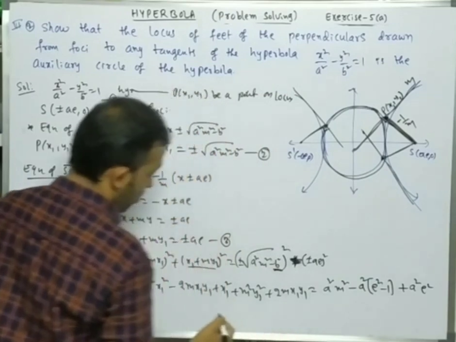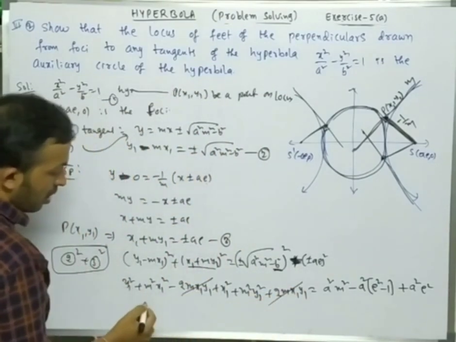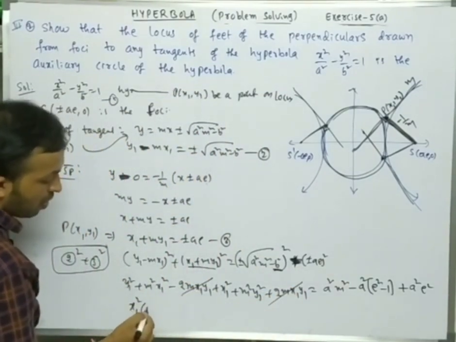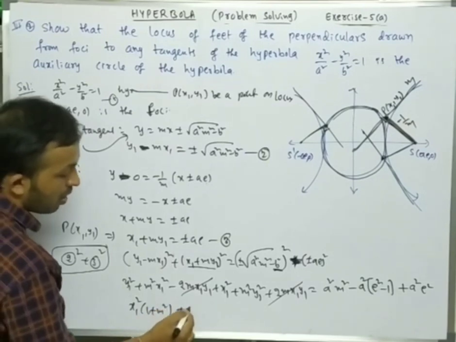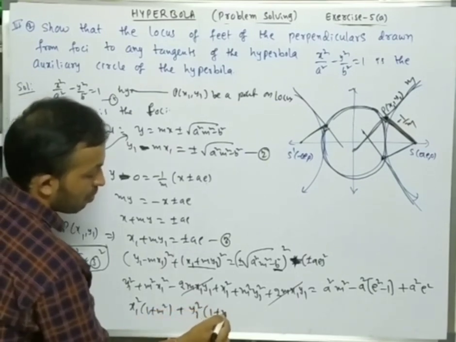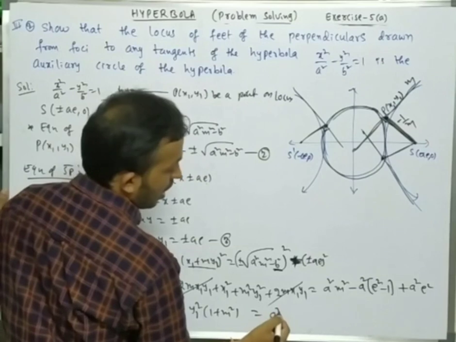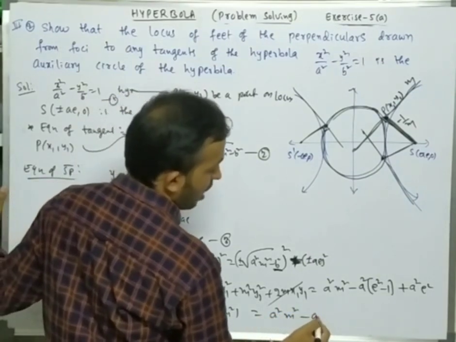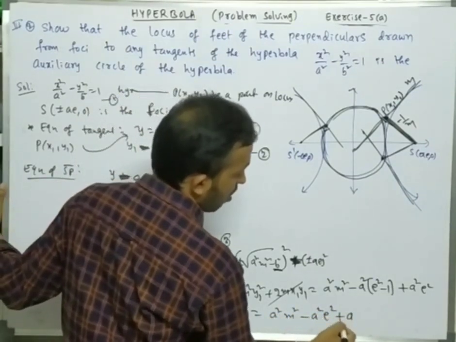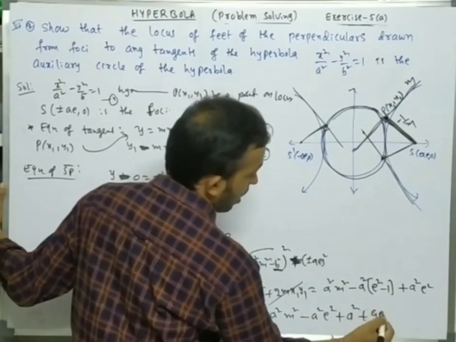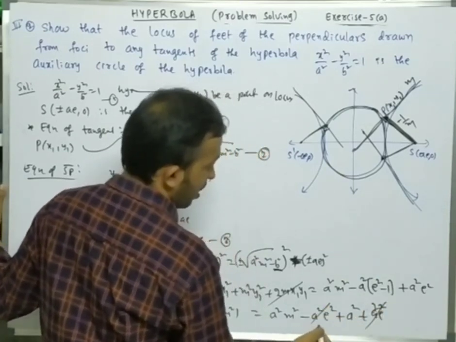Okay, so these two get cancelled. Here x1 square common, what is remaining? 1 plus m square. y1 square common, 1 plus m square remaining, and a square m square minus a square e square plus a square plus a square e square. These two get cancelled.